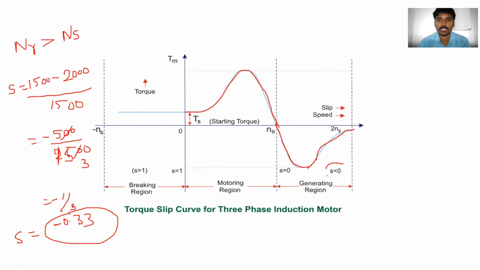If the slip is less than 0, the induction machine will work as a generator. If the slip S lies between 0 and 1, then it will work as a motor.